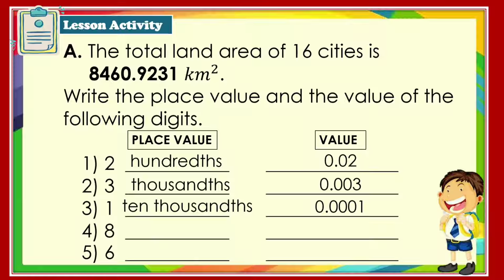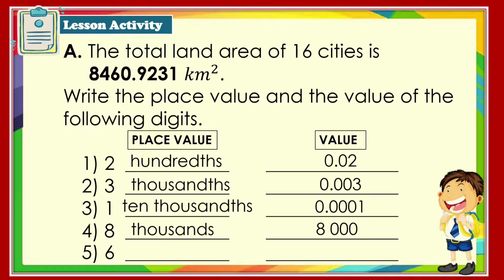Number 4, the number is 8. What is the place value of 8? That is the fourth place from the decimal point. So that is thousands. Yeah, thousands. Okay, just multiply 8 by 1,000 to have the value of 8. That is 8,000.